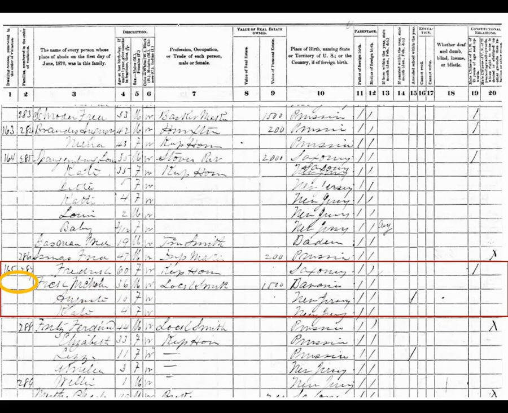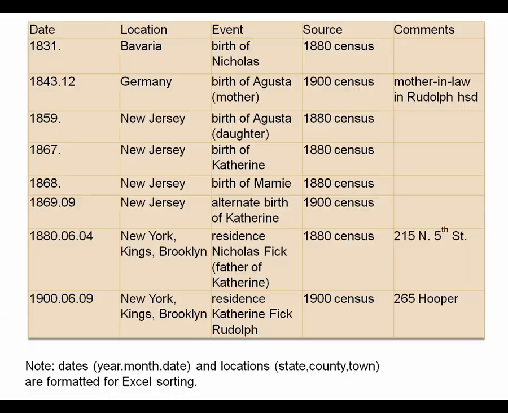That's another reason why we have to be a little bit skeptical of census records, because when we look at a census, we are looking at a transcription. We're looking at a copy of an original record. And every time you copy a record, you introduce the possibility of errors. So we have these two separate households.